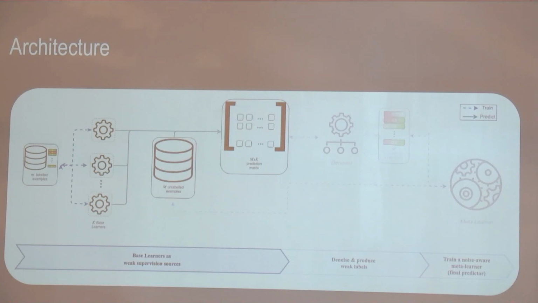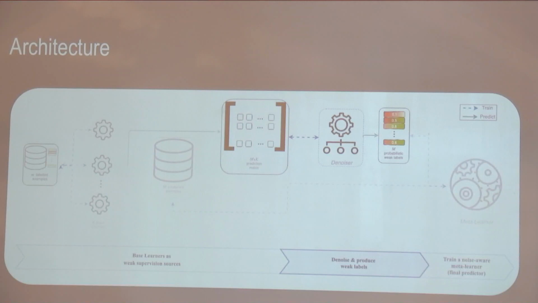So how does this architecture look like? We start from a small labeled data set. We train multiple base learners on it. And then we use a big unlabeled data set and take the predictions out of it. Then we use a denoiser, which is based on the prediction matrix, and produces probabilistic weak labels.